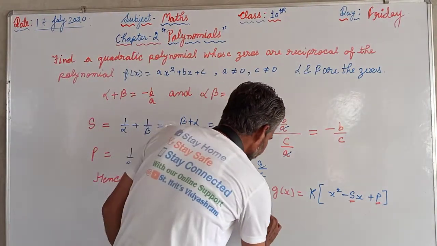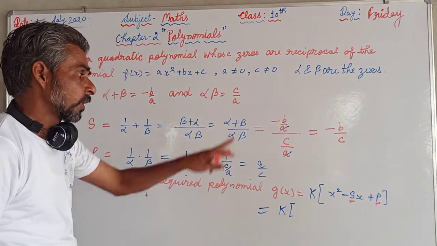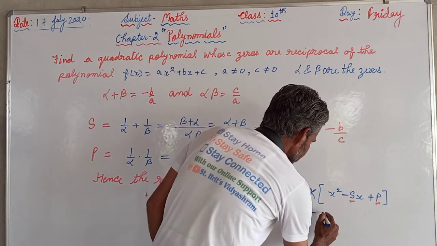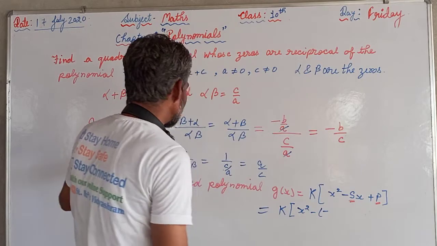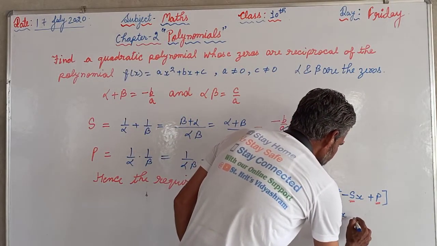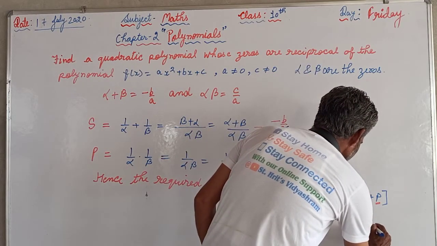So our answer will be k into x square, that will be the same, minus the sum of the roots, minus b upon c, into x, and the product of the roots is plus a upon c.